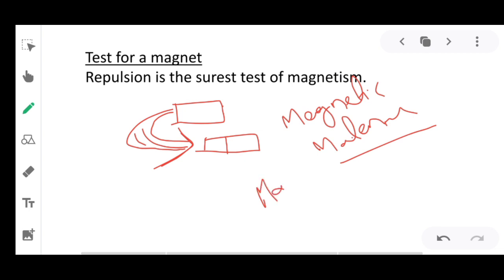It can be a magnet also, because we know that unlike poles of magnets attract each other. So if this material is attracted by the magnet, it can be a magnetic material, or it can be a magnet also. So repulsion is the surest test of magnetism.